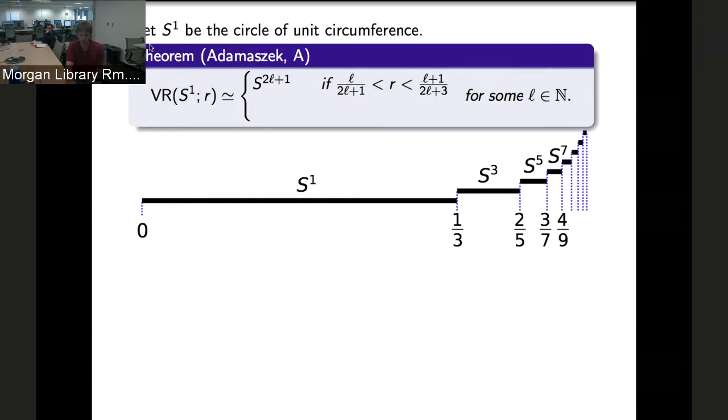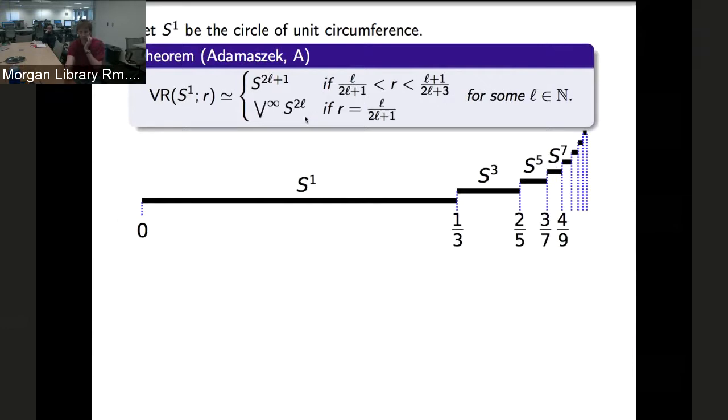The way the homotopy types of the Rips complex of the circle change is that for small r, you recover the circle, as Hausmann's theorem says you must. And then at scale parameter 1/3, you get the 3-sphere. After scale parameter 2/5, you get the 5-sphere, etc. This formula up top is just describing when you transition from the 1-sphere to the 3-sphere to the 5-sphere.